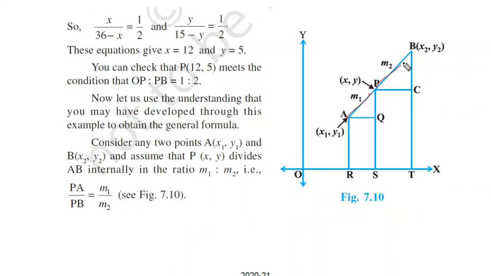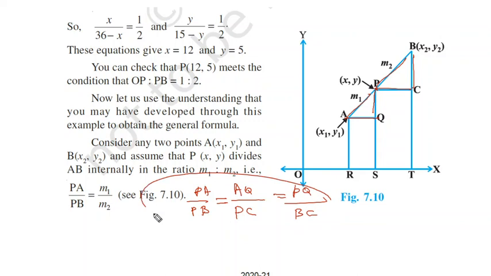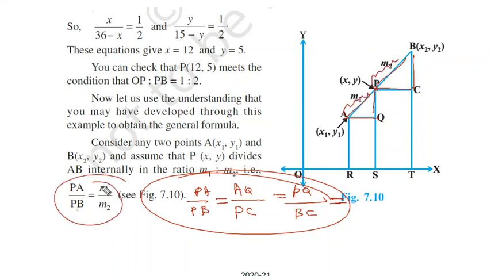PA by PB is equal to AQ by PC, which is equal to PQ by BC. Which will also be equal to PA by PB, and we have written PA by PB equal to m1 by m2.